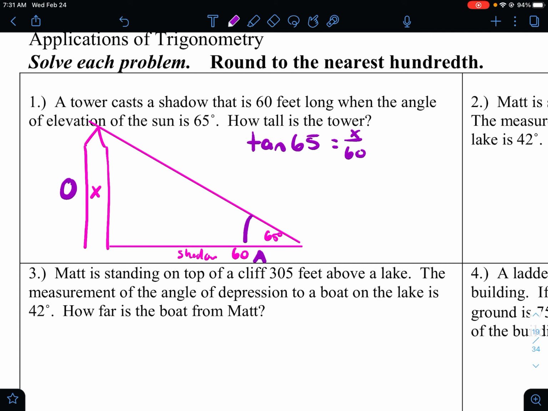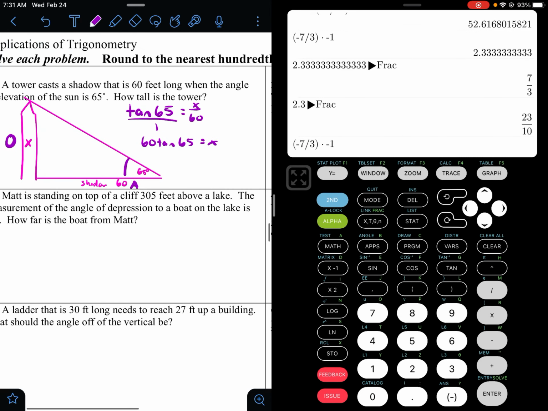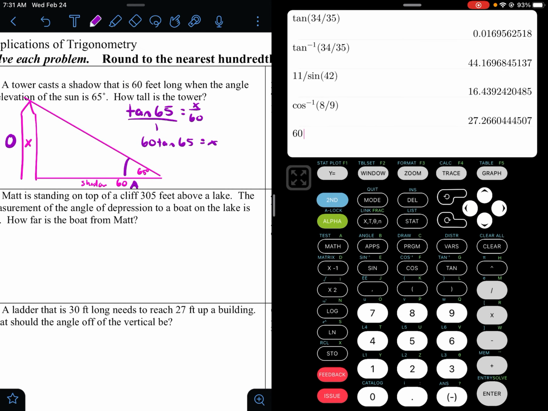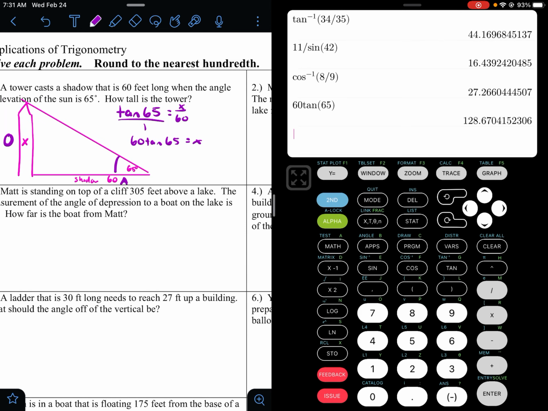So when we cross multiply, we get 60 tangent of 65 equals X. I'll go ahead and pull up the calculator on here. 60 tangent of 65. And we get 128, and I don't know, does it say to round? Nearest hundredth. So it'd be 128.67.